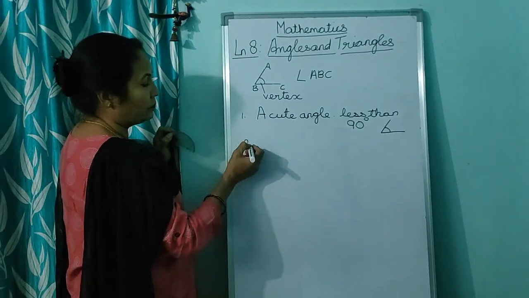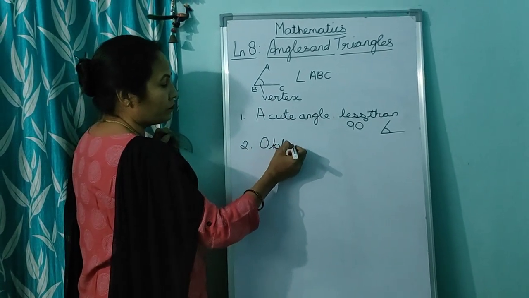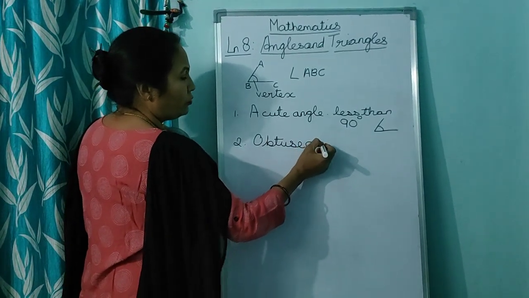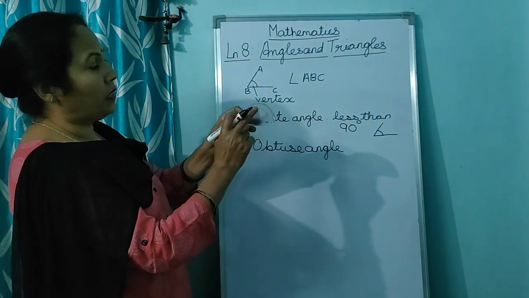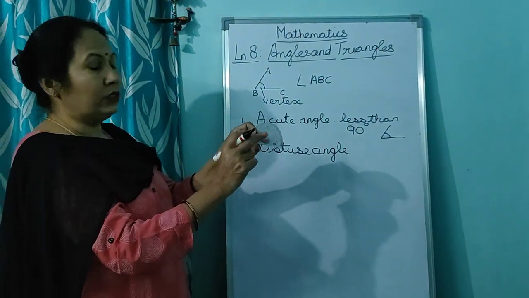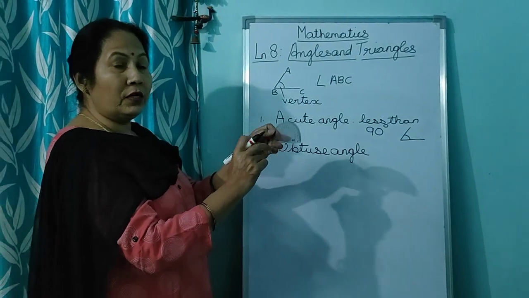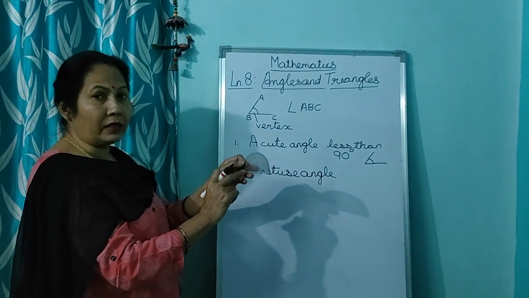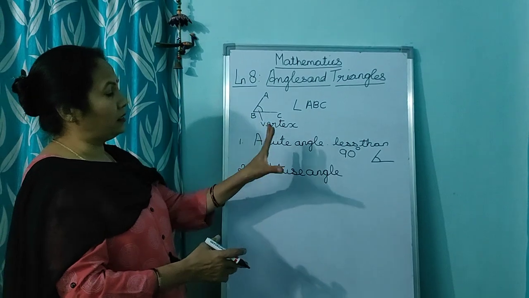Next is obtuse angle. Now children, in an obtuse angle, it is after 90 degree. So after 90 degree means 91, 92 till 180. This is obtuse angle, and this you can see it is like this.